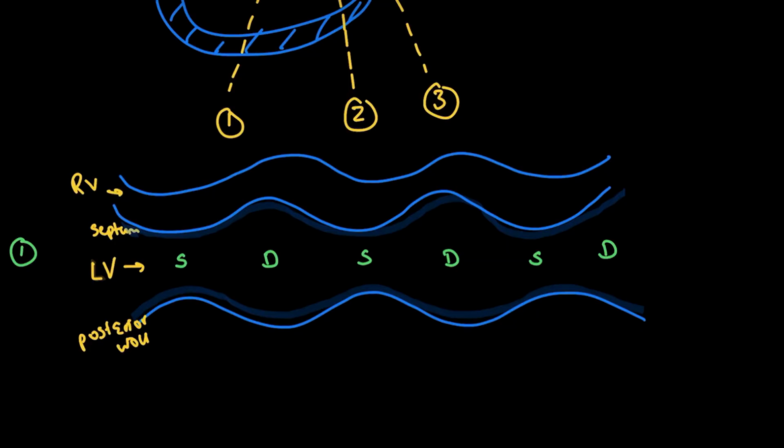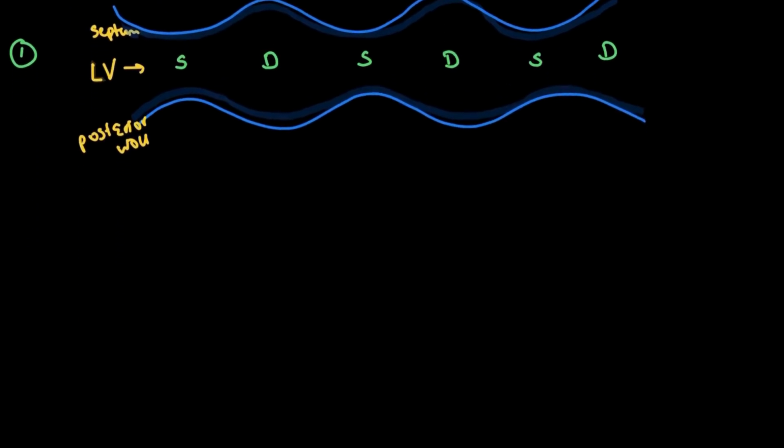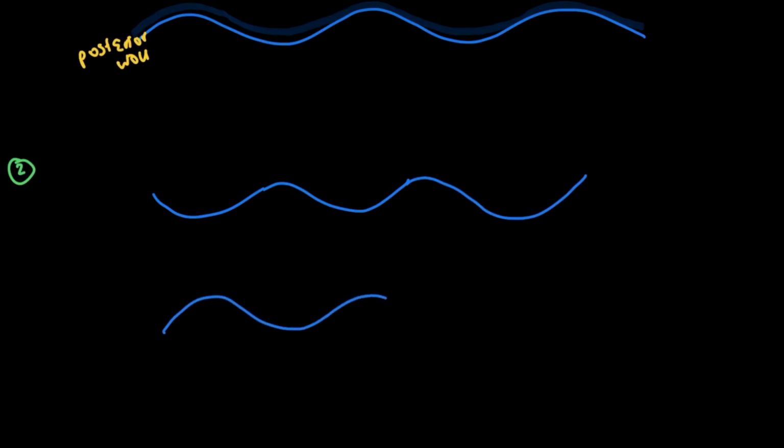How about number 2, where we're slicing through the mitral valve? Let's scroll a little bit down here. If we're slicing through the mitral valve, we will first see a similar picture. I'm going to draw our LV walls first, something like this, and something like this.